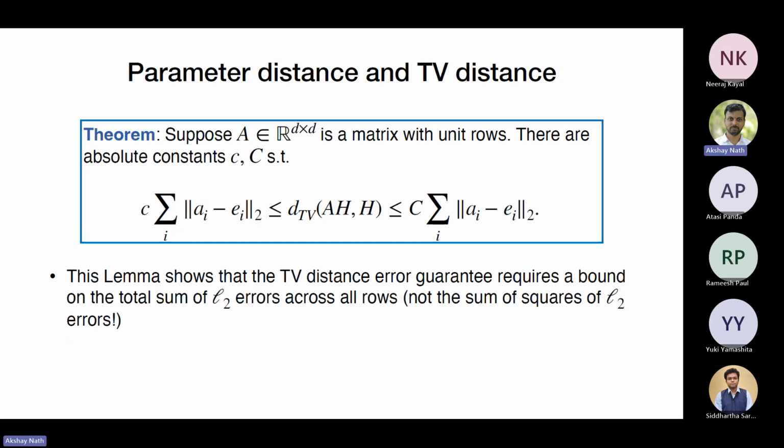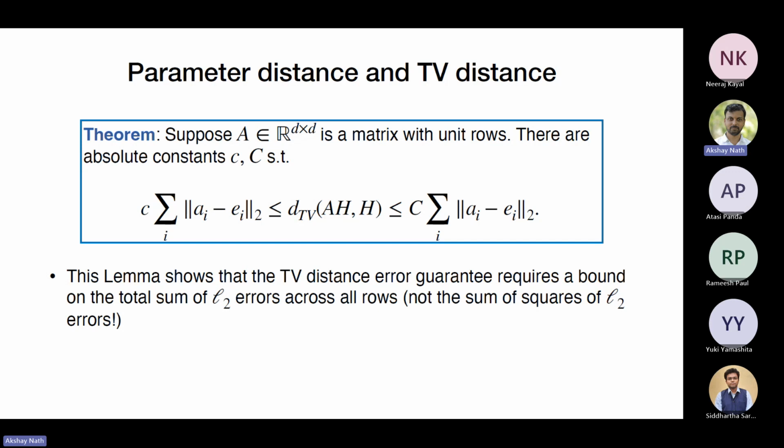Then we apply A on H, and the TV distance between AH and H is tightly bounded by a constant times the sum of the L2 norms of a_i minus e_i. Recall that this is exactly the guarantee we can get from their algorithm. We can bound each term by poly epsilon.